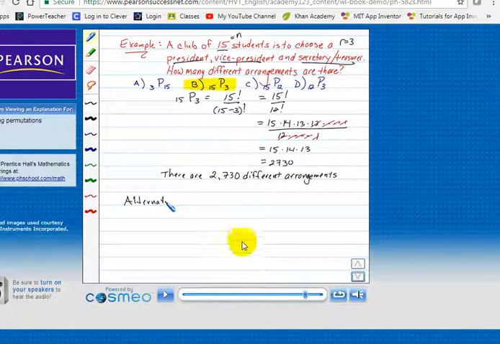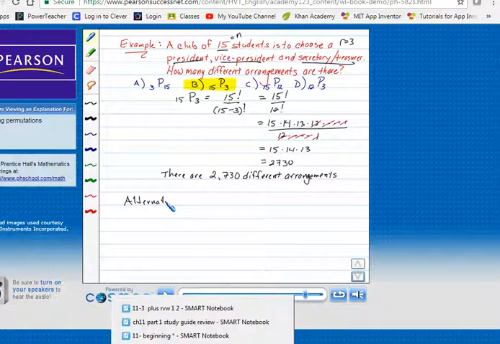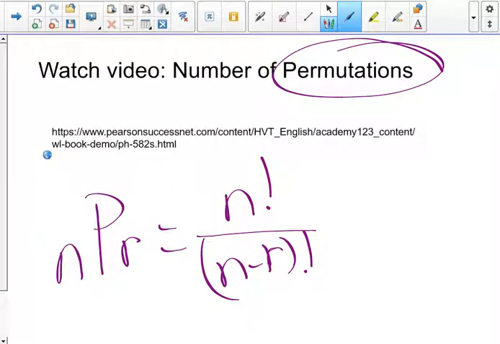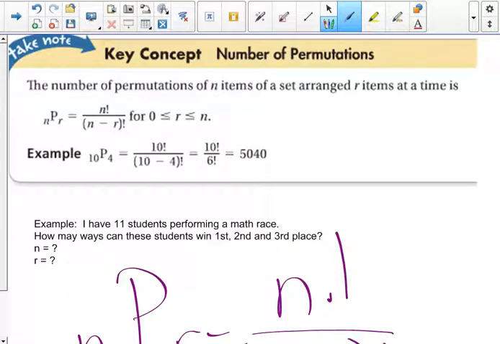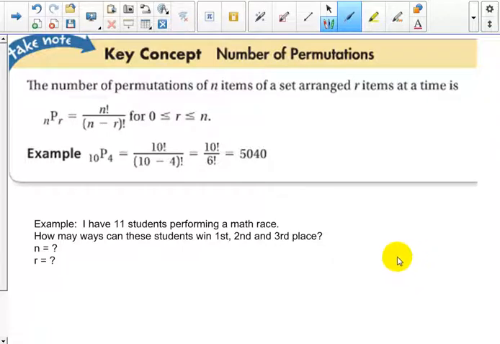So let's take a look at our assignment. There it is again. nPr equals n factorial over n minus r factorial. So if I had 11 students performing a math race, how many ways can those students win first, second, and third place?